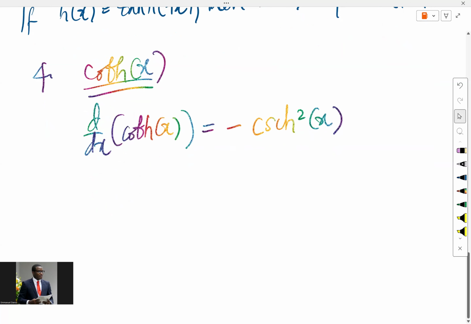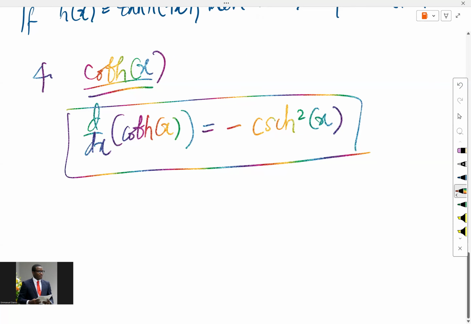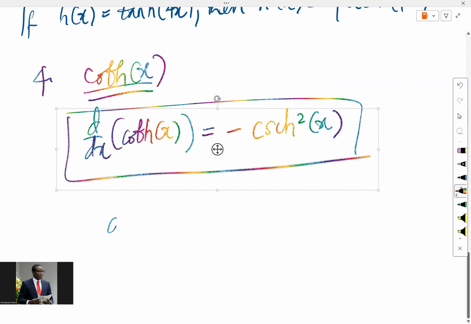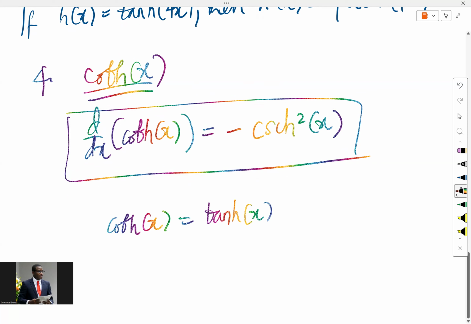Okay, let's do it. This is the basic thing. To do that, we already know that coth x is the reciprocal of tanh x.